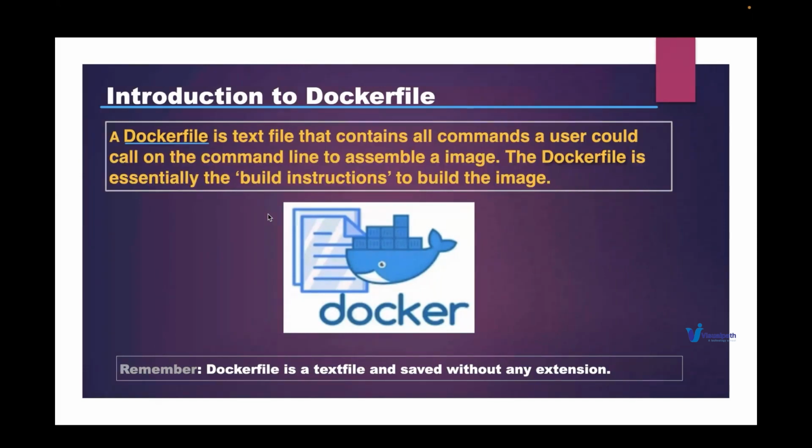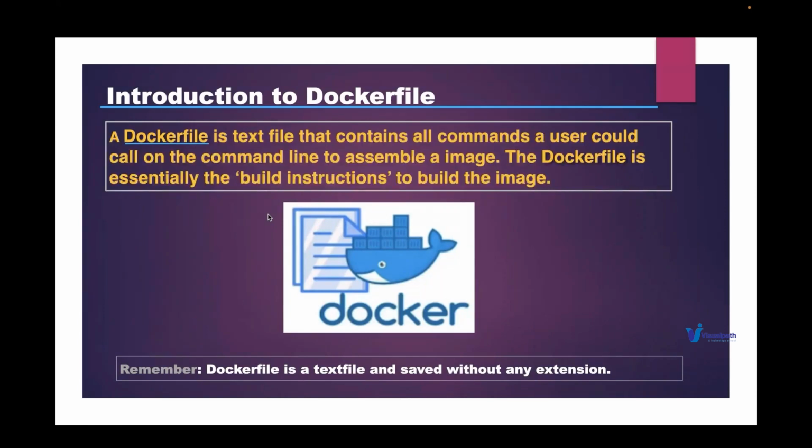We will put the instructions and we will build the image. So it's very simple. Remember, no extension. Why? If you give an extension, you need a runtime application that can understand these extensions. So we don't use any extension, just the file name: Python Dockerfile, Java Dockerfile, or simply Dockerfile.